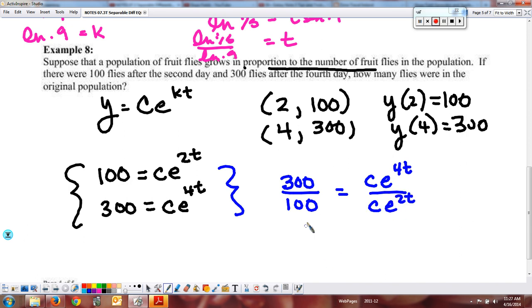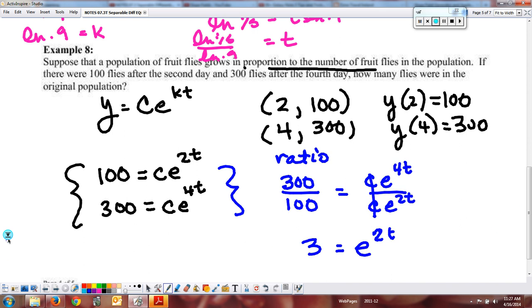Now, if I set up this ratio, then very quickly I go, oh, wait a minute, these have the same base. My exponent rule says when I divide like bases, you subtract your exponents. So this is e to the 4k minus 2k, equals 3.